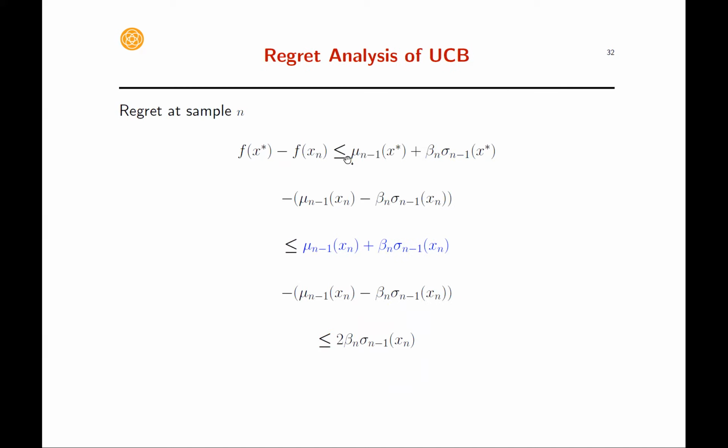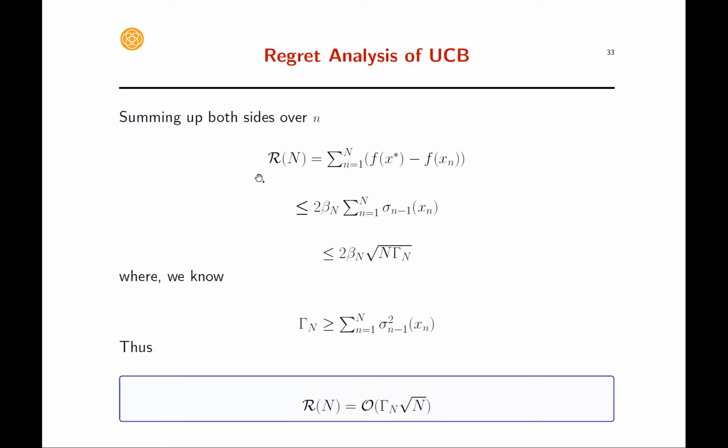So then we can write that the upper confidence bound at x* is upper bounded by the upper confidence bound at x_n. This comes from the definition of UCB, and then it becomes simple. We just cancel out these two terms, and what we are left with is 2 times the confidence interval multiplier multiplied by the standard deviation. In this way, we bound the regret at time n by the standard deviation at x_n.